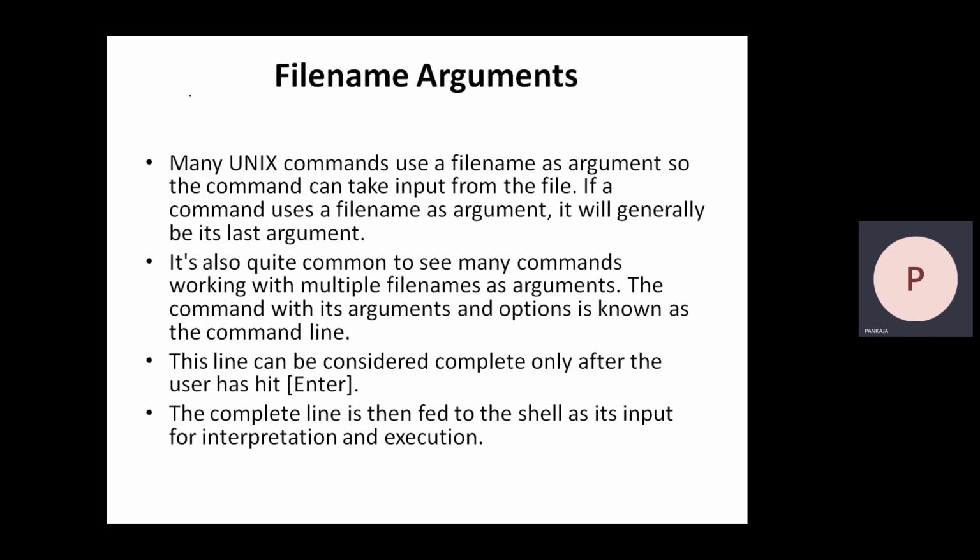As soon as you type the command in the command prompt and press enter, immediately that corresponding file gets executed. These files are available in the /bin directory. I will show you later.